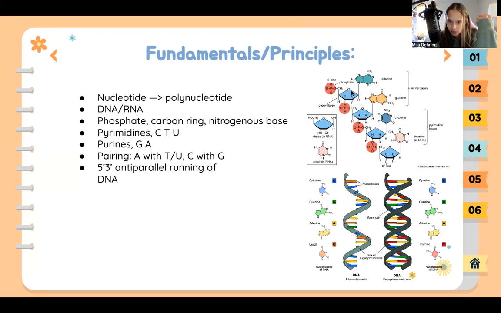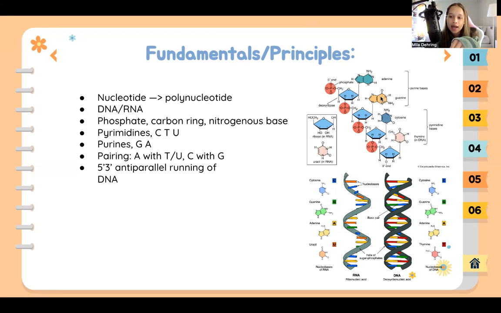They're going to have a phosphate group, PO4. They're going to have a carbon ring, which will be a 5-carbon ring. And then they're going to have a nitrogenous base, which can be adenine, guanine, cytosine, or thymine. Purines are guanine and adenine.